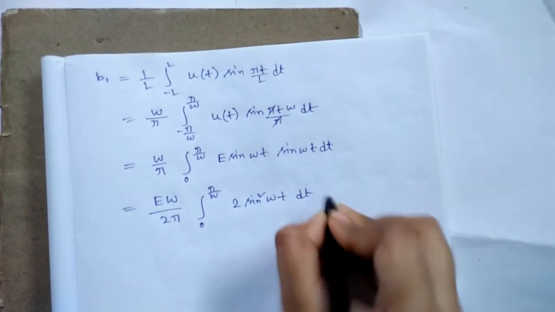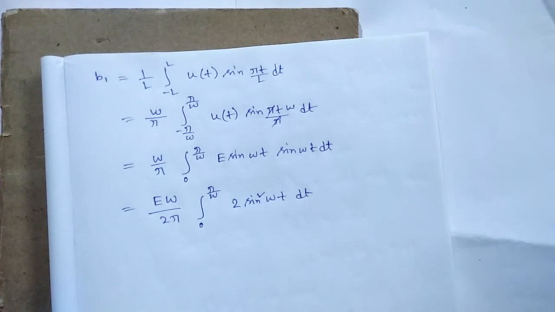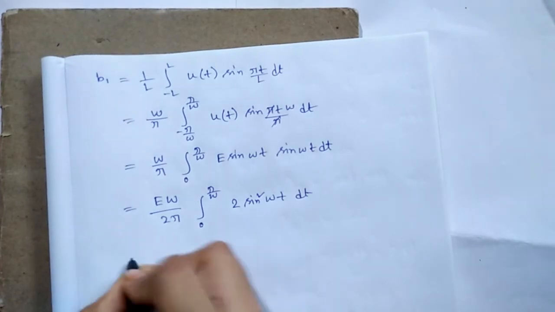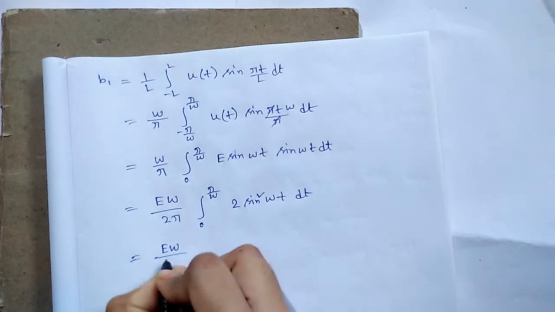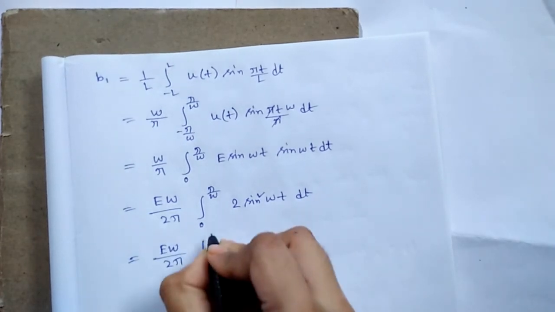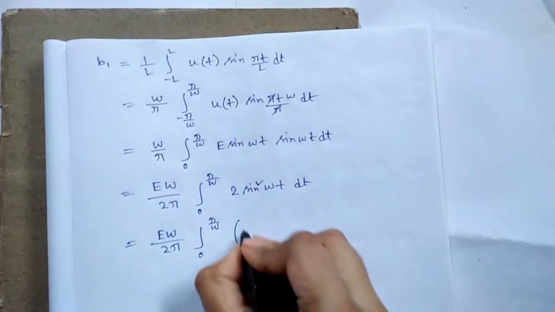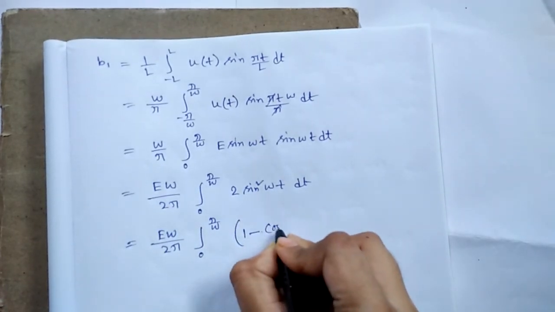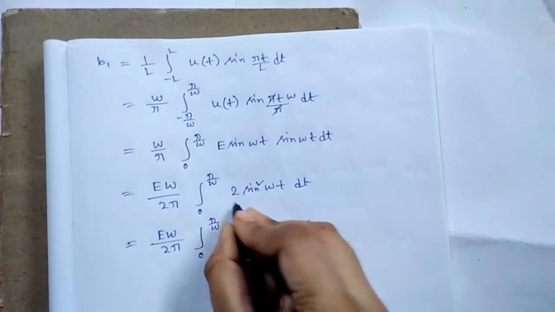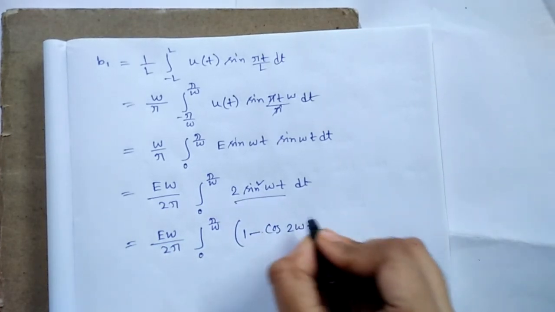Sin square omega t, again this is a known formula: 2 sin square omega t means 1 minus cos 2 omega t.